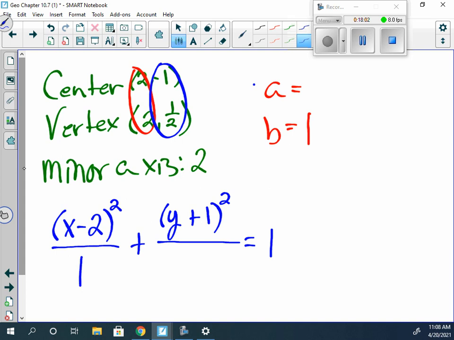Well, the distance from -1 to 0 is 1, and the distance from 0 to 1/2 is 1/2, so the distance from -1 to 1/2 is 1.5, or we can say 3/2. That's what I meant. So we would have it being 9/4.